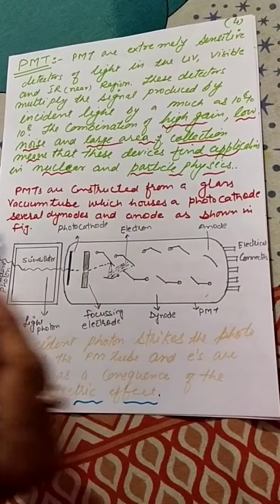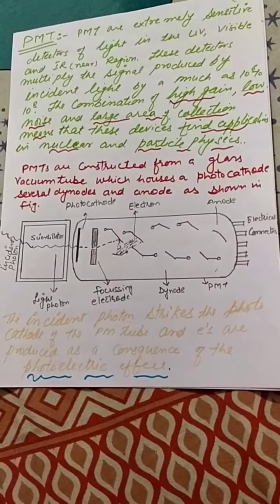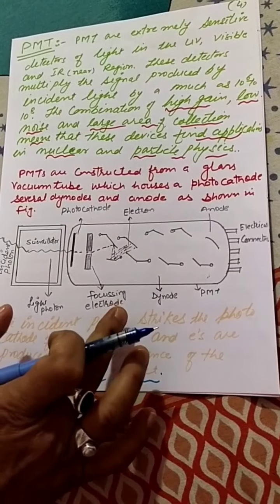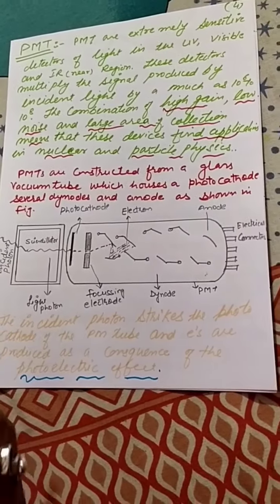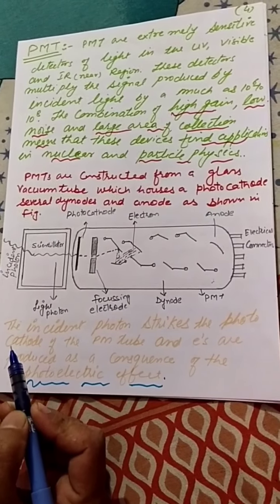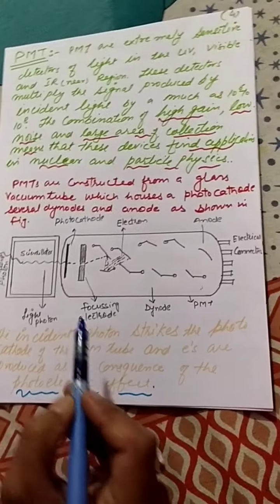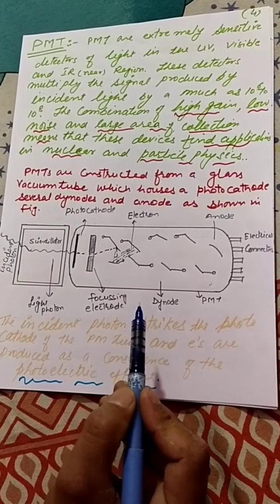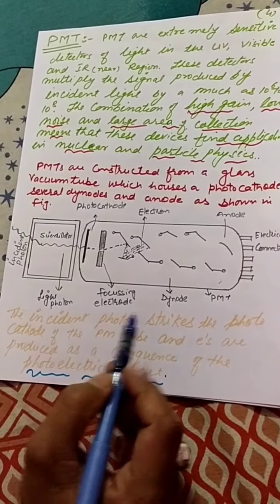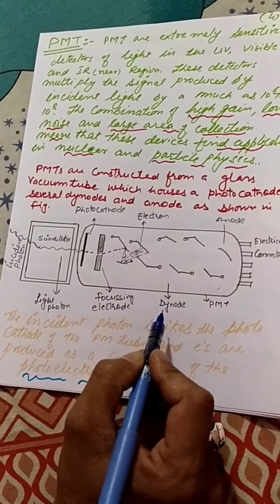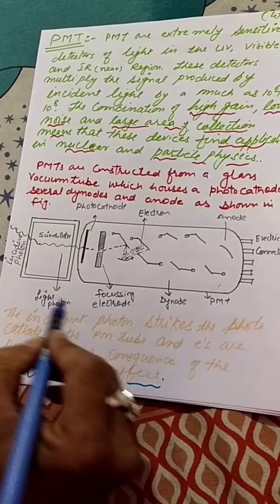So the construction of the photomultiplier tube is as shown in the figure. Photomultipliers are constructed from a glass vacuum tube which houses a photocathode, several dynodes and an anode, as shown in this diagram.